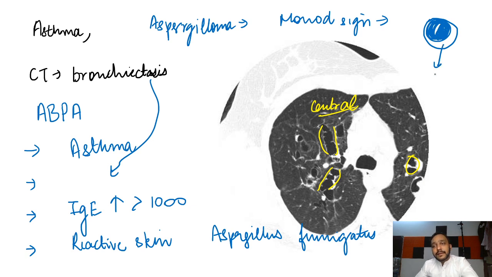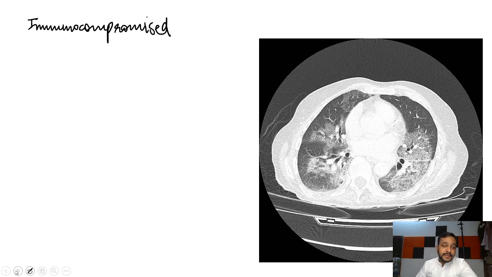This air gives the Monod sign, which is very similar to the air crescent sign. But the air crescent sign is seen in the healing form of angioinvasive aspergillosis.